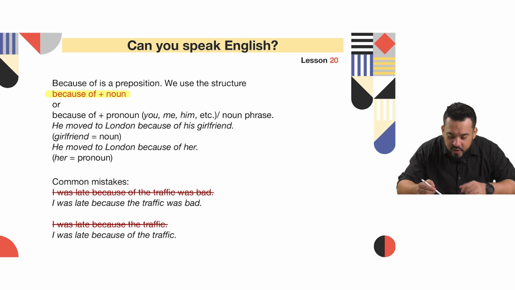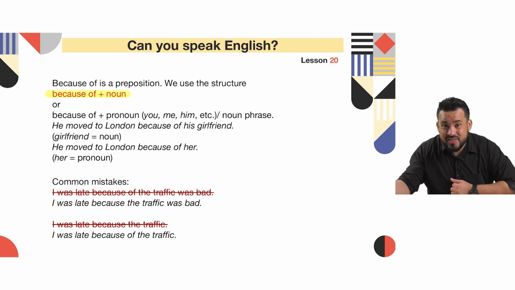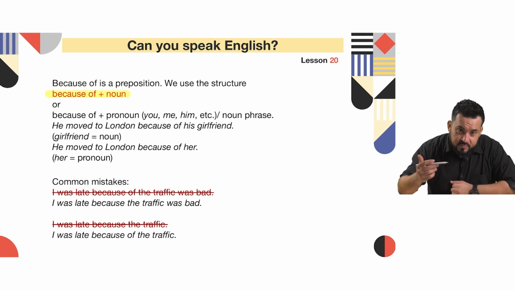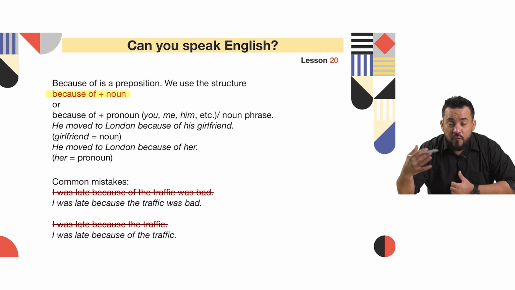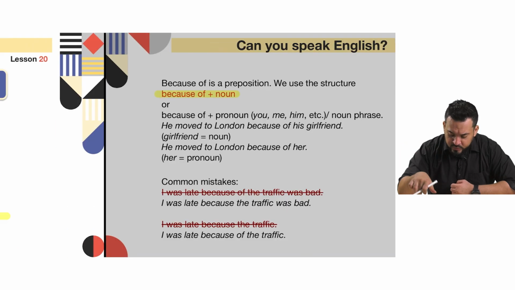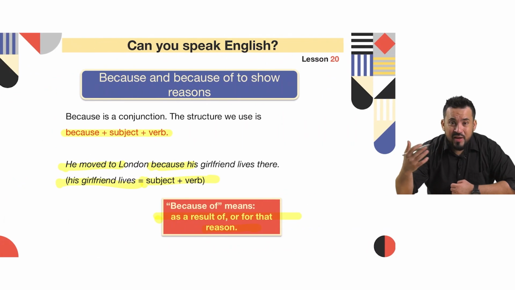All right, because of, he moved to London because of his girlfriend. That means he moved to London to be with his girlfriend, or for the reason that his girlfriend lives in London, or as a result that his girlfriend lives in London, so he moved to London.